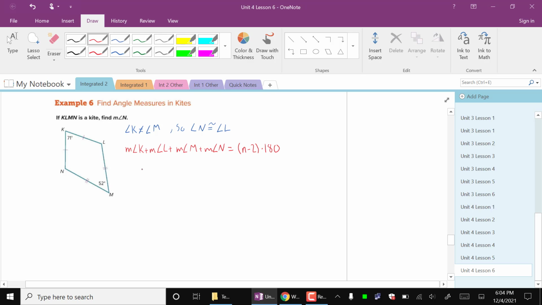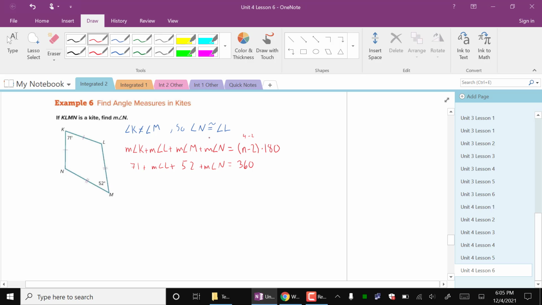So we know K is 71. We don't know what L is, so measure of angle L. We do know what M is. M is 52. We don't know what N is, measure of angle N, equals, as we said, 4 minus 2, which is 2. 2 times 180 is 360.